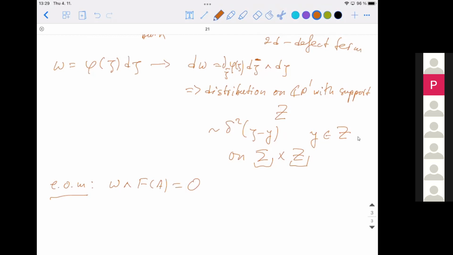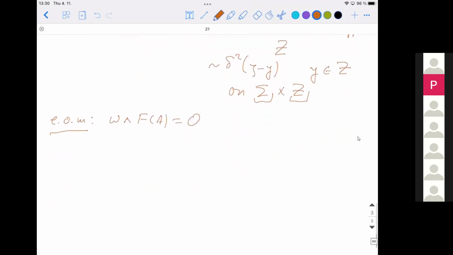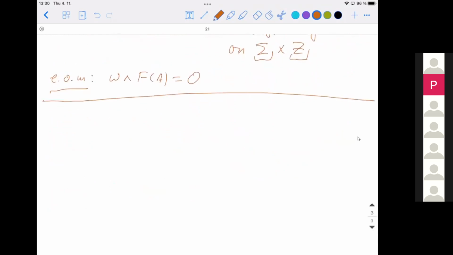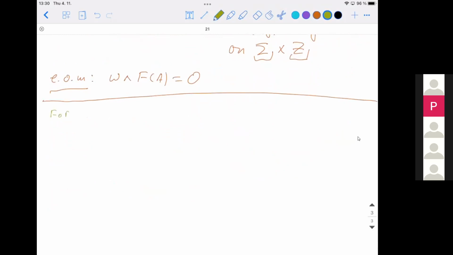Then now we can talk a little bit about the gauge transformations. So there's something called formal gauge transformation.